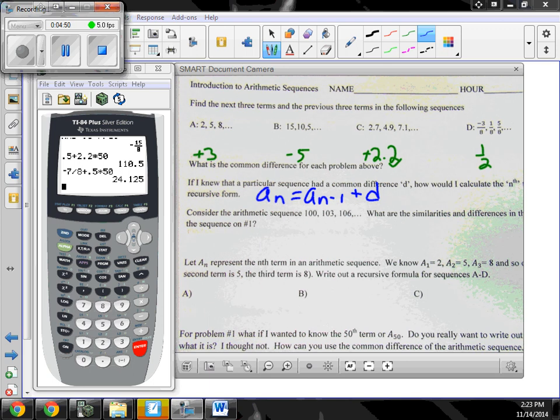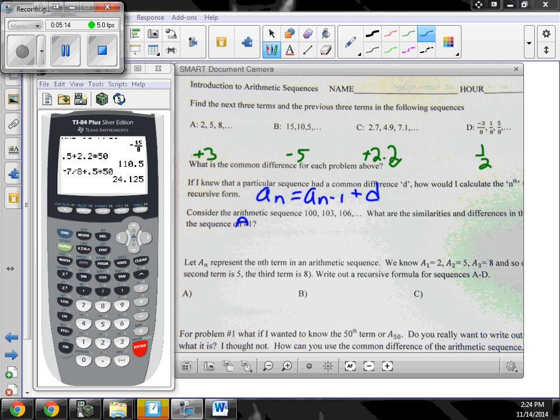So now, consider the arithmetic sequence 100, 103, and 106. What are the similarities and differences to the sequence? Ooh, that's supposed to be the sequence in A. Sorry. I changed some things and that one didn't get updated. So how are they similar?